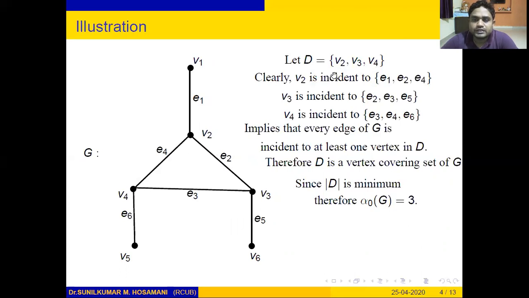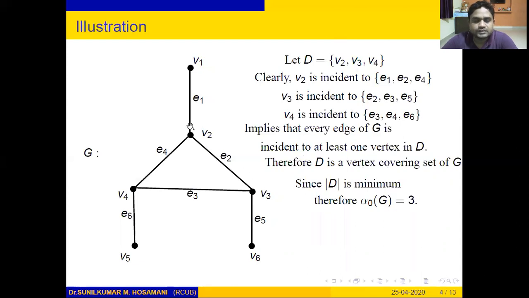Here you can see that V2 is incident with E1, E4 and E2. Next, V3 is incident with E2, E3 and E5, and V4 is incident with E4, E3 and E6. Which implies that every edge of G is incident to at least one vertex of this set. Therefore, D is a vertex covering set of this graph.